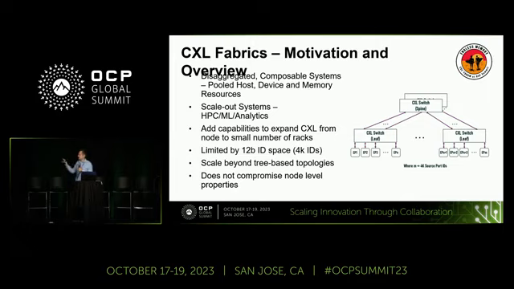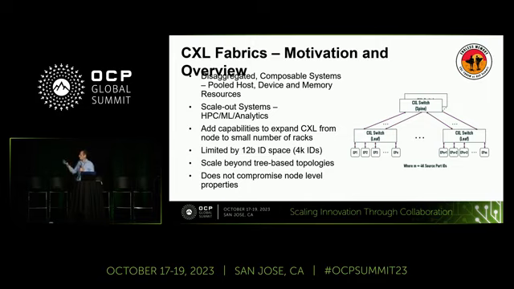The second is scale-out systems, so high-performance computing, machine learning, analytics, these systems where you have a lot of nodes collaborating together on one larger work set, and they're exchanging data constantly. Is there a way that we could tighten up that data exchange, have it a little bit more closely tied to the memory media where the data is living?